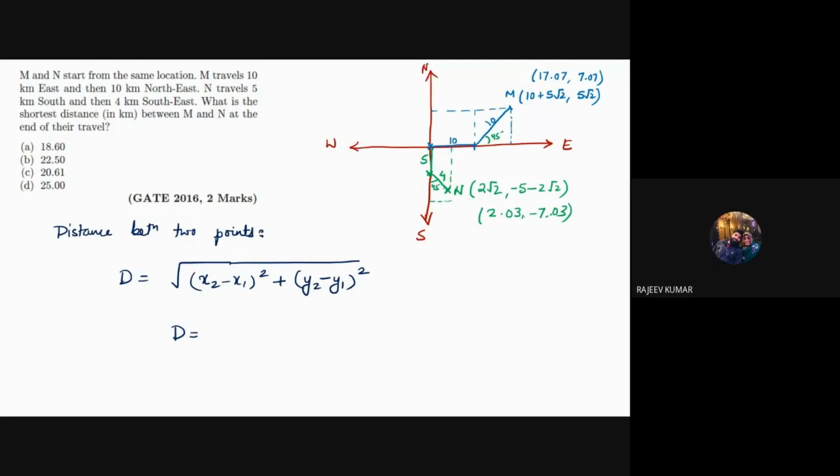And if you solve using these numbers, the answer that you are supposed to get is 20.61. Your final answer will be C, 20.61. Try to check it once whether you are getting the answer closer to this one or not. एक बार check कर लेना.